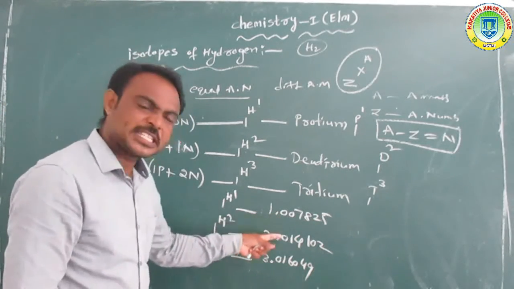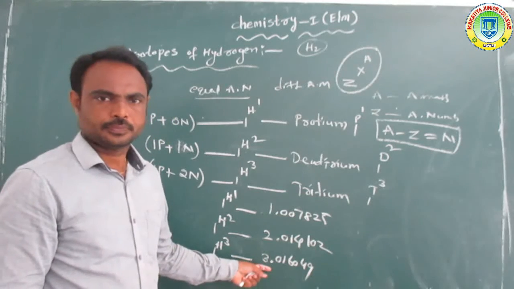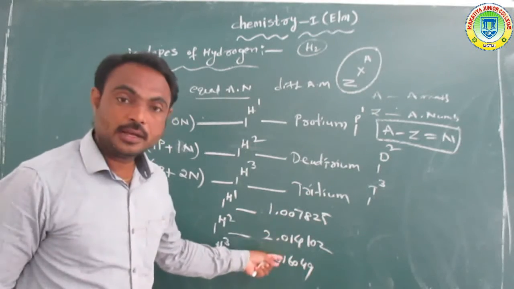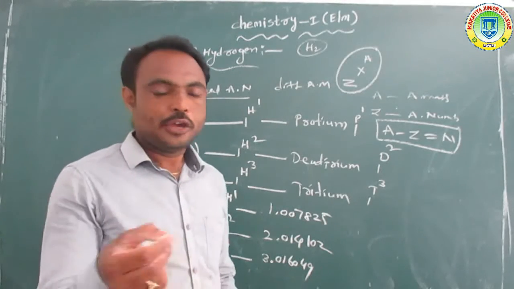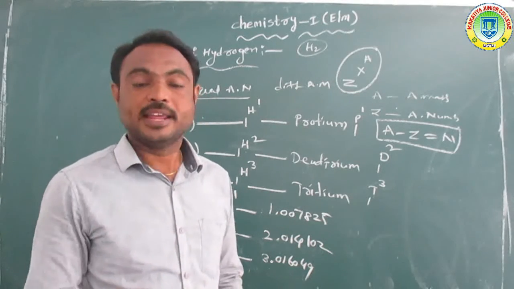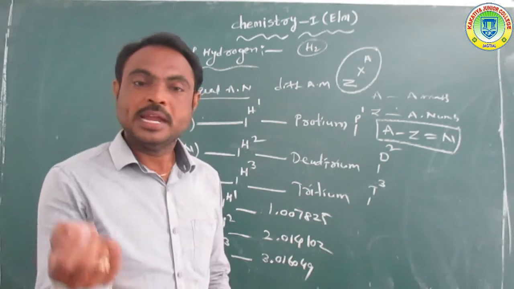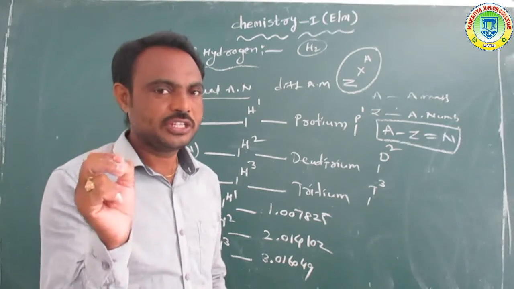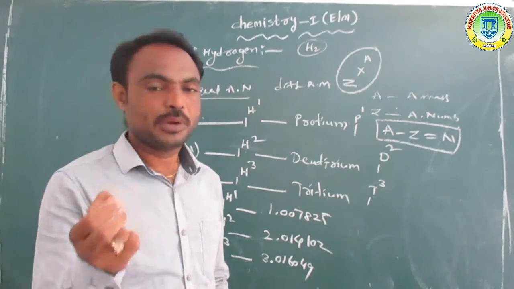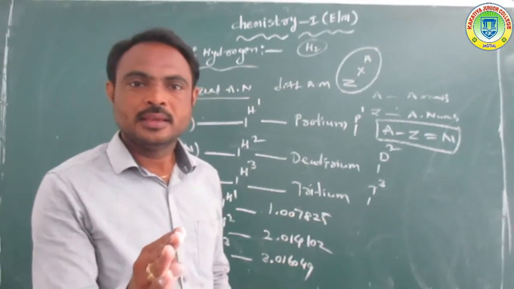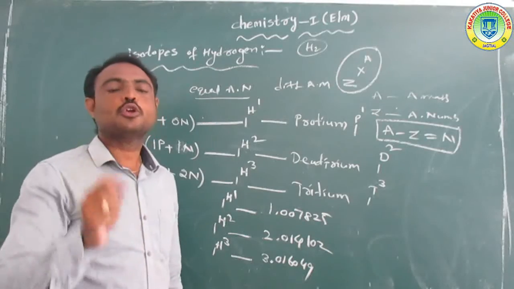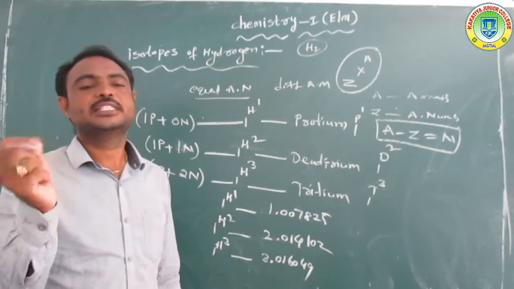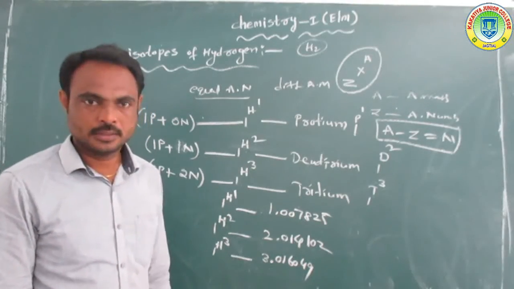So they have different physical properties, for example ionization enthalpy, density, melting point and boiling point values are completely different, but the electronic configuration is equal.